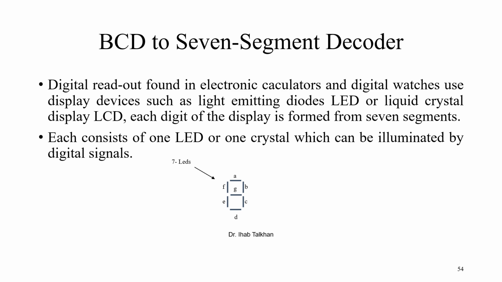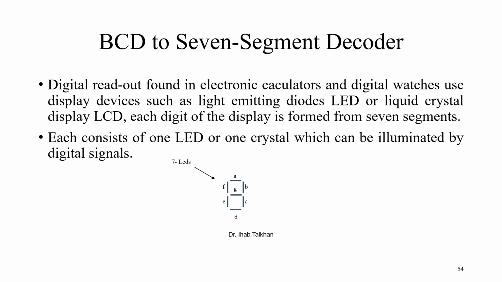The digital readout found in electronic calculators and digital watches uses display devices such as light emitting diodes, which we call LED, or liquid crystal display, which we call LCD. Each digit of the display is formed from 7 segments, which means 7 LEDs.